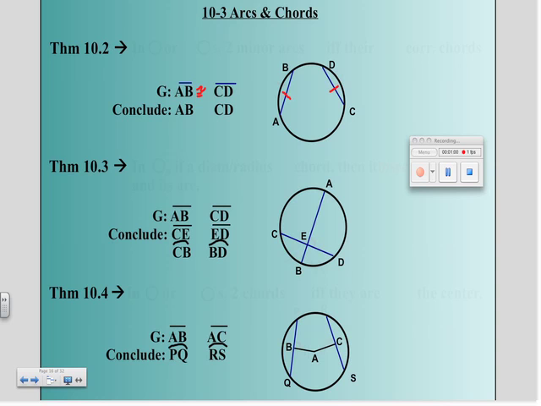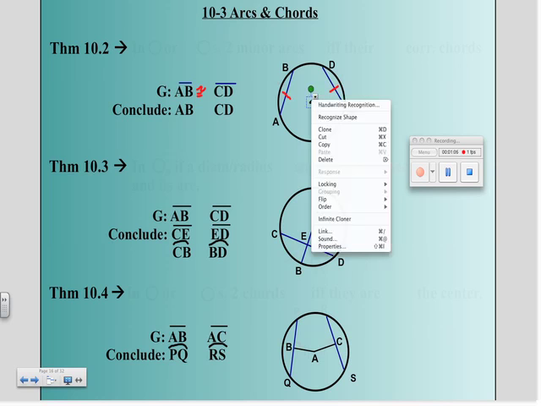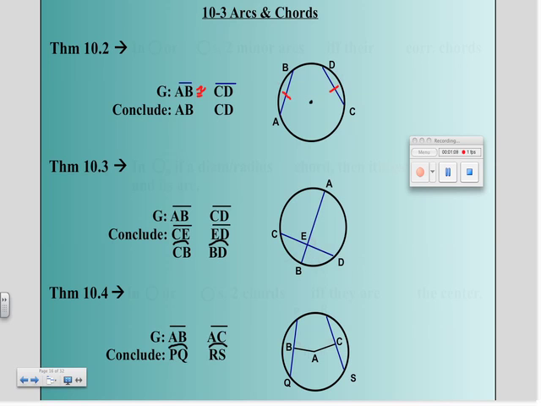Because this is the same circle, made using the same exact center point, the arcs will be congruent as well. So if you're given segment AB is congruent to segment CD, then you can say that arc AB is congruent to arc CD.